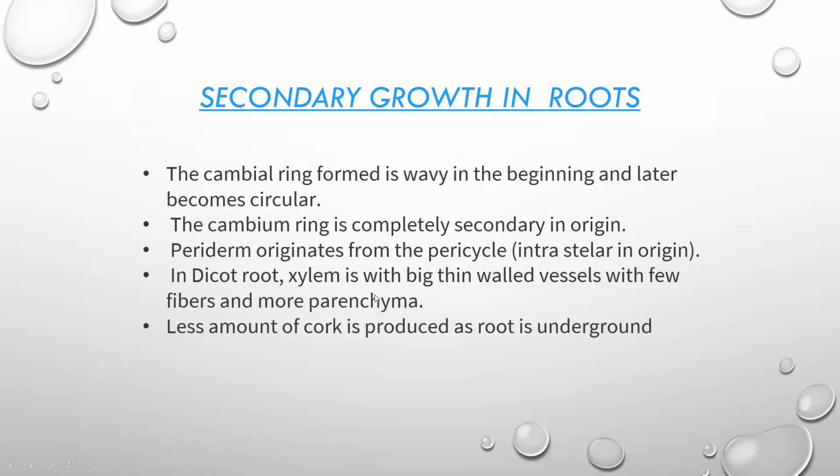Whereas in dicot stem, xylem has fewer vessels, more fibers and less parenchyma. So this is opposite to that, and a lesser amount of cork is produced as the root is underground. Whereas a greater amount of cork is produced in the stems, because stems are aerial and are protected by this cork.